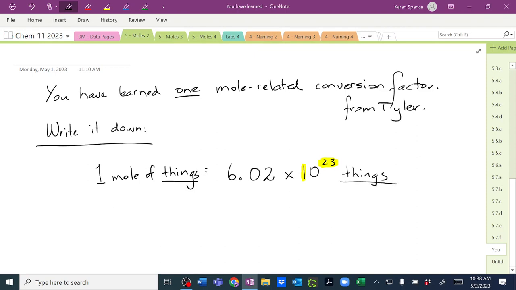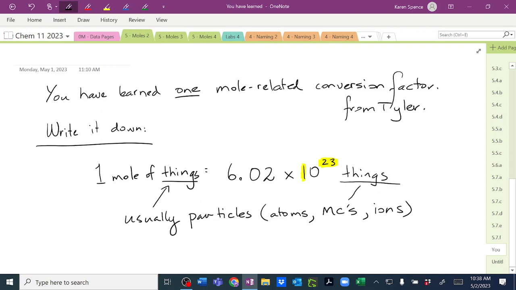Now, mostly these are particles, atoms or molecules, because they're really the only things that are small enough that we have to count them in such large units.